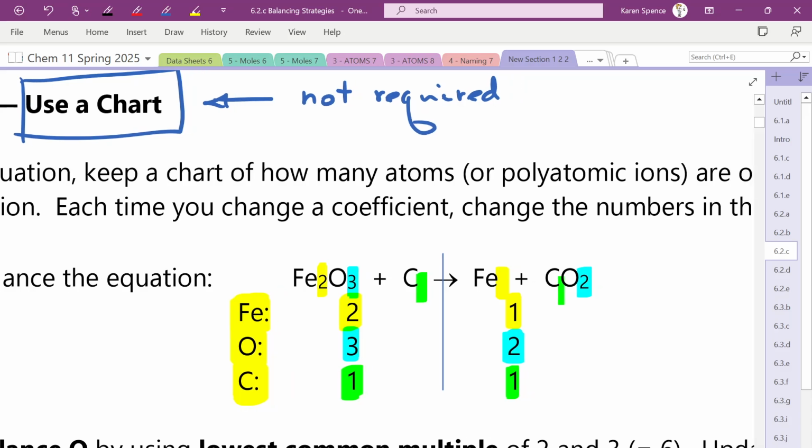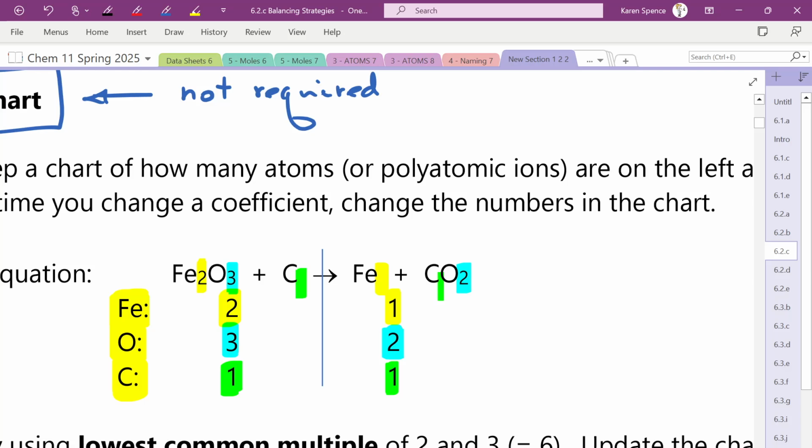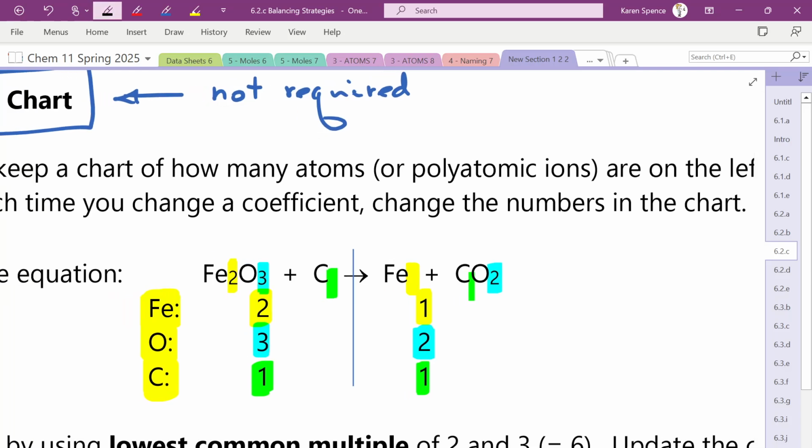Okay? Now, we're also going to use our second strategy, and we actually learned this a little bit yesterday. The second strategy is when you have an odd number and an even number. Can you see somewhere where we have an odd number and an even number here?